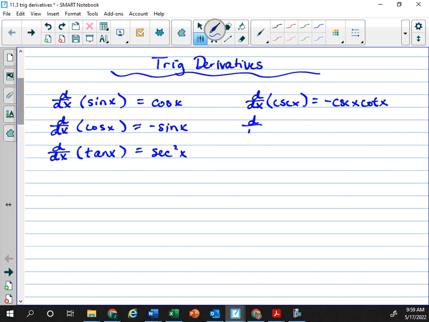I'll write them all and then I'll give you time to jot them down. d dx of secant of x is secant x tangent x, and then d dx of cotangent is negative cosecant squared of x.